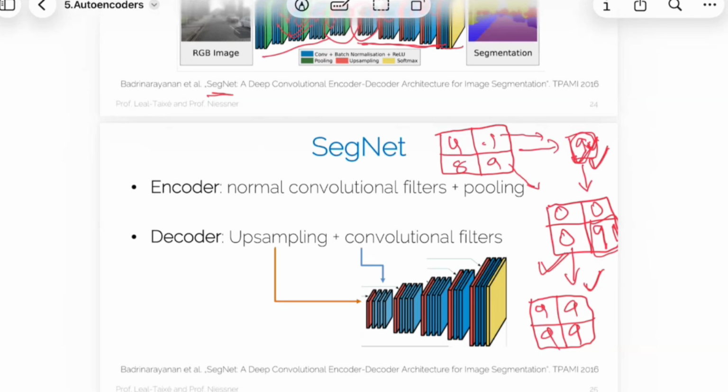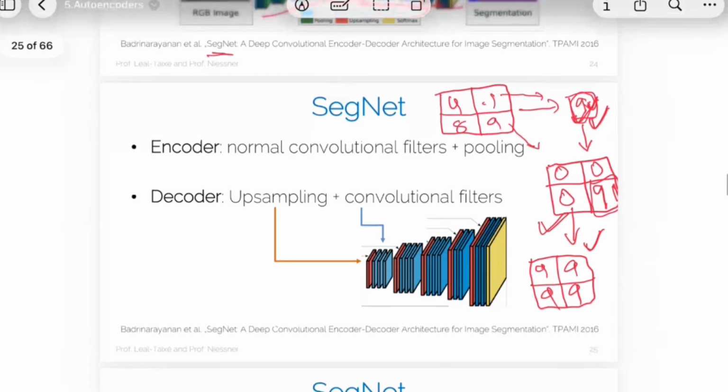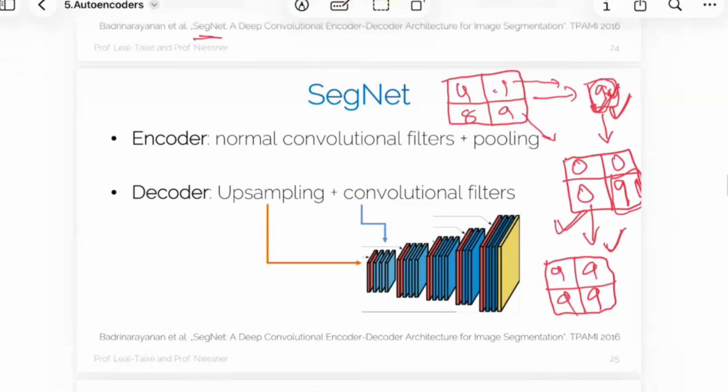Then people came up with the idea: since I know that the convolution layer is also playing the major role, because only this layer is not sufficient, and after this we have added a lot of convolution filters so that it will manage it and give you better features, better information from this, then let us combine it in the pooling layer also.